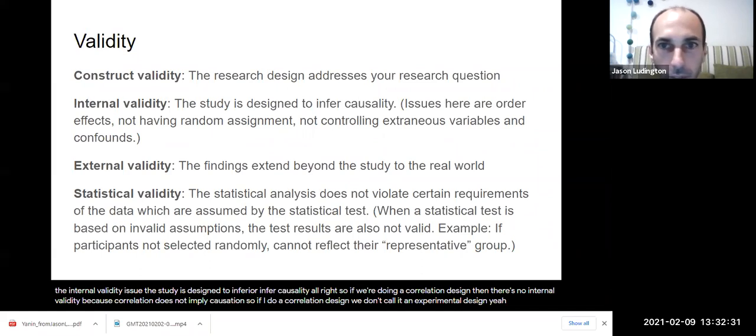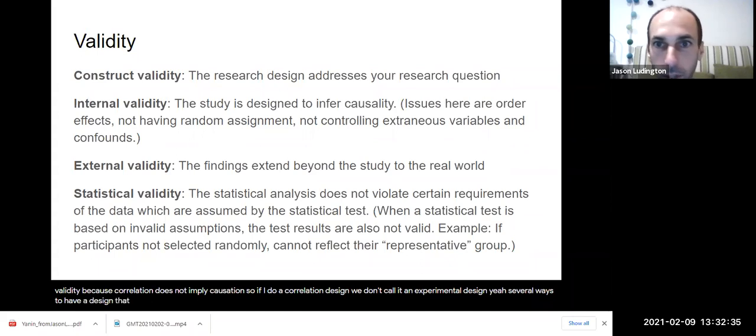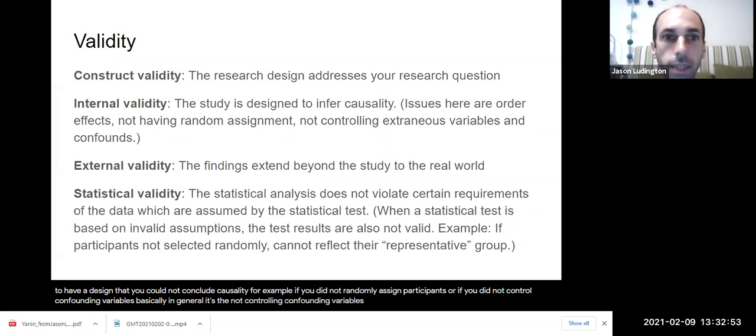There's several ways to have a design that you could not conclude causality. For example, if you did not randomly assign participants, or if you did not control confounding variables. Basically, in general, it's not controlling confounding variables. That's what we mean with internal validity.